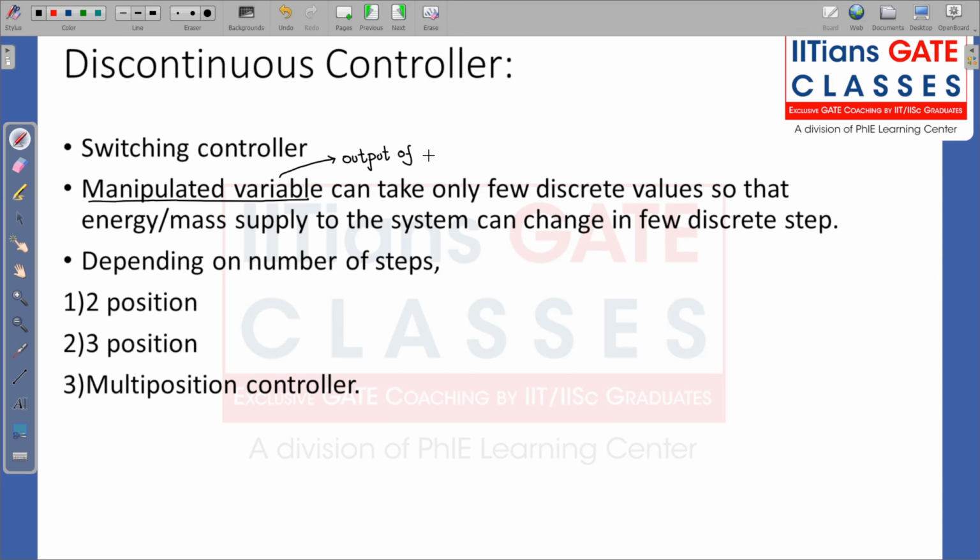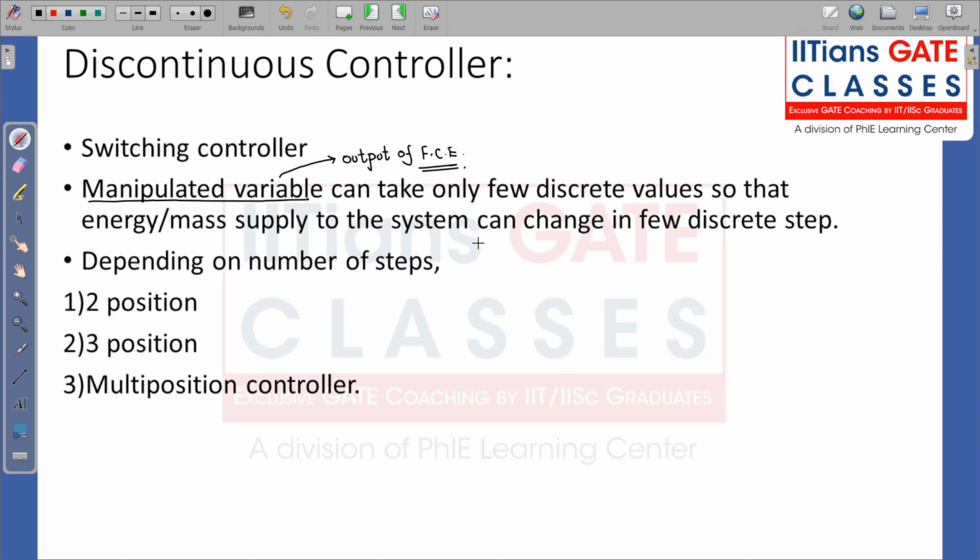It can take few discrete values, so that energy or mass supply to the system can change in few discrete steps.